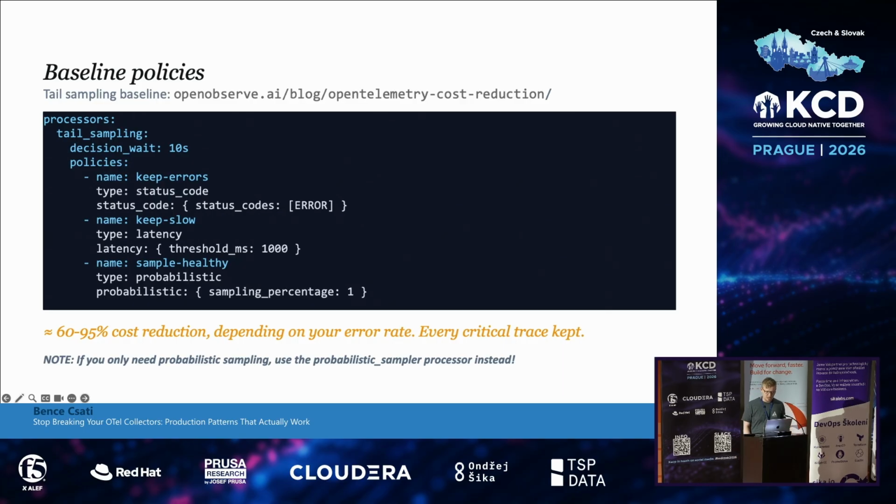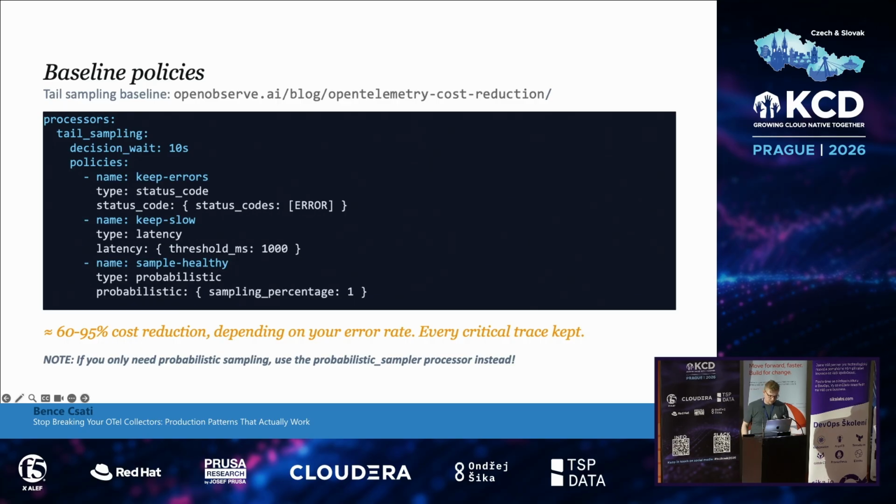The first thing you care about is essentially your errors, obviously, the slow calls, what's happening to your system, and obviously to have some information about how healthy the system is in itself, and how well your tail sampling itself is working. You should sample the rest of those. So this is what you can see here. With settings like this, you can save around 60 to 95% of cost, depending on your error rate, while keeping all the critical traces.